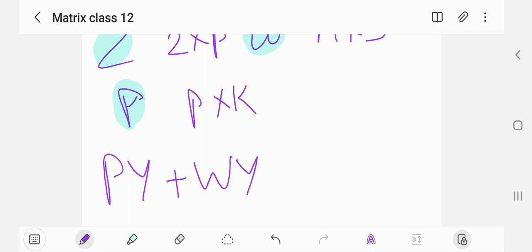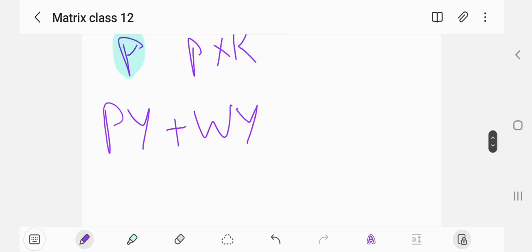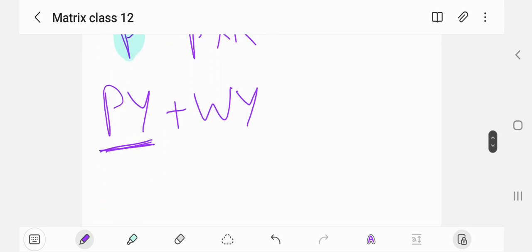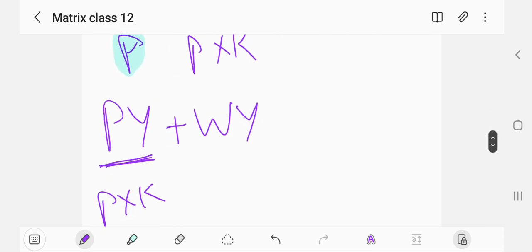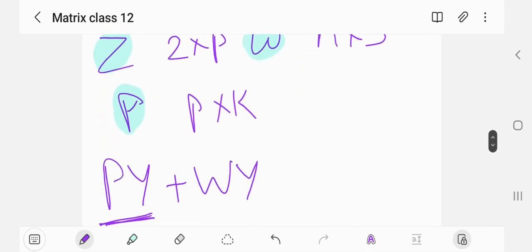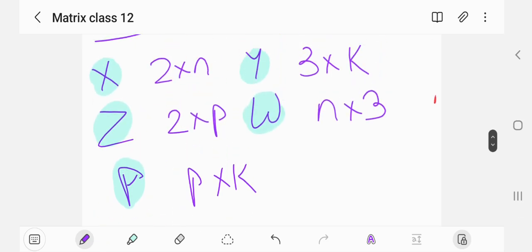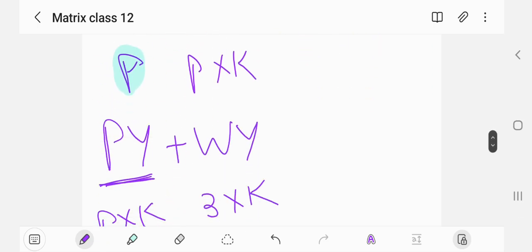Now see, just forget what is asked. First, examine PY yourself. What is PY? PY is basically a matrix multiplication. This PY multiplication is well defined only when the order of P is p by k and the order of Y is 3 by k, right?